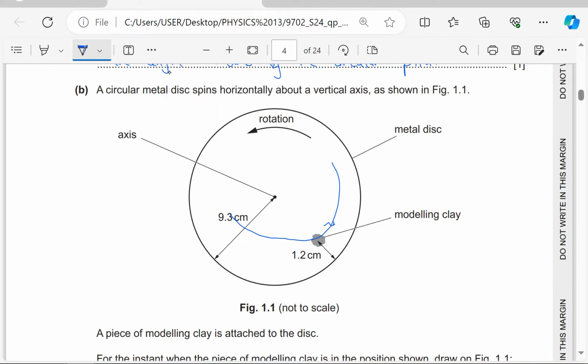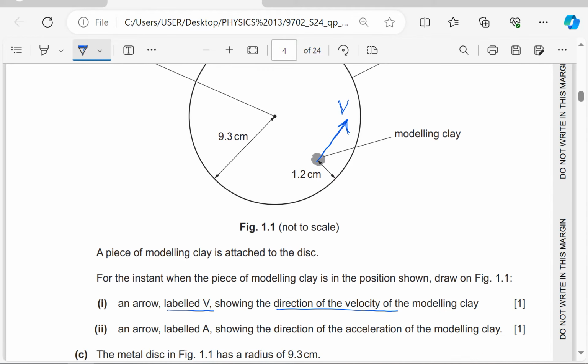So I'll just draw a tangent somewhere there. I'm going to draw an arrow somewhere here, and they said label this V. So the arrow will be somewhere there in that direction, because there's always a tangent at every point.